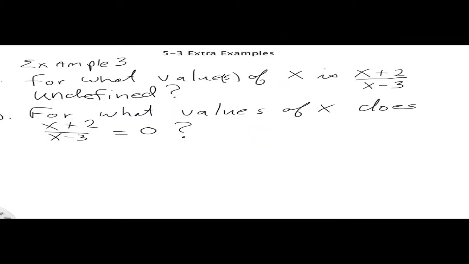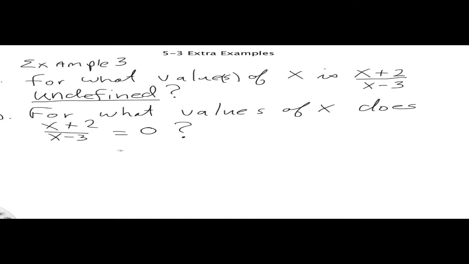Example 3. And for example 3, this is similar to the guided example 3 that we went through in the book. For what values of x is x plus 2 over x minus 3 undefined? Well, when it says undefined, what we're looking for there is for what values is x minus 3 equal to 0.